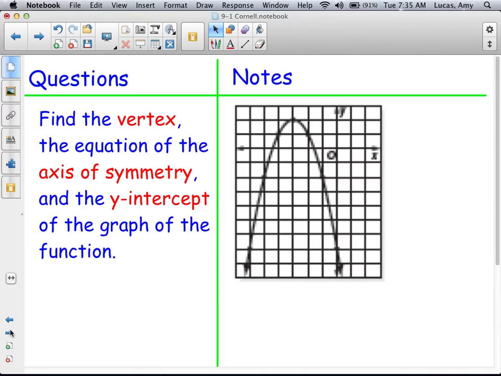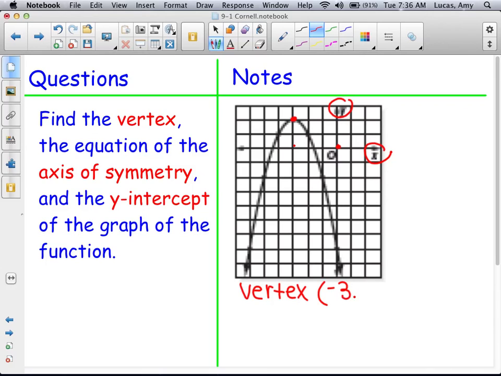Another example where you're looking at a graph, my x-axis, my y-axis, my origin point. My vertex is 1, 2, 3 to the left, and then up 2 right here. So the vertex is -3, 2. My symmetry line has to go through that vertex, and again, it's a vertical line.